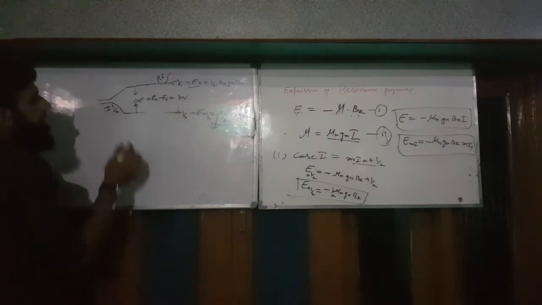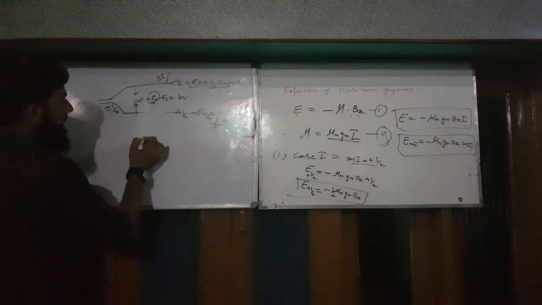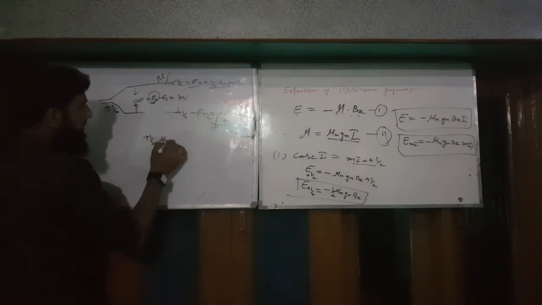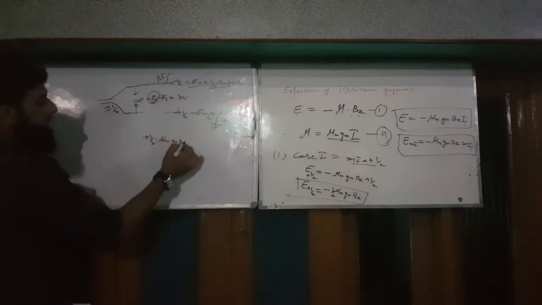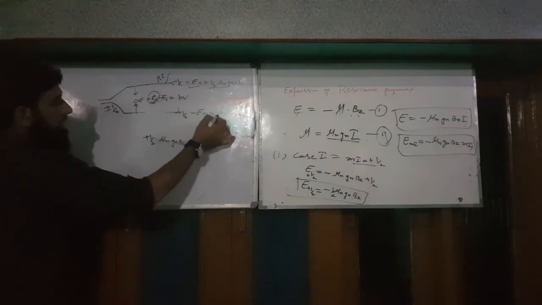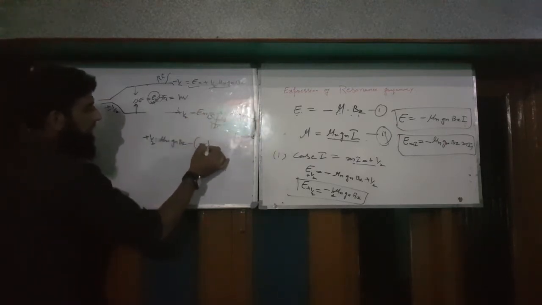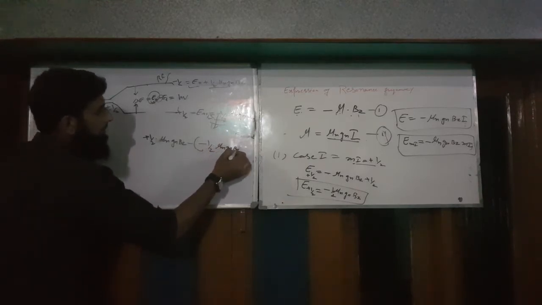So E2 is plus 1 by 2 mu n gn Bz, minus E1, which is minus 1 by 2 mu n gn Bz.